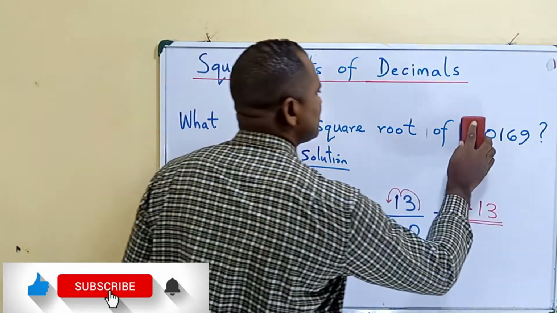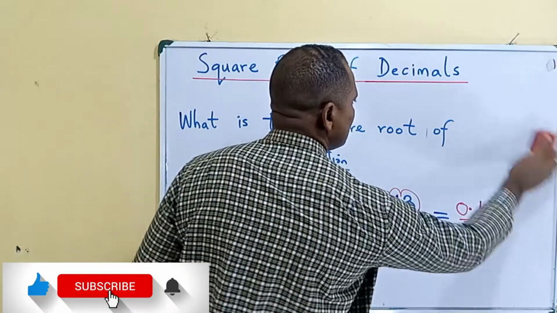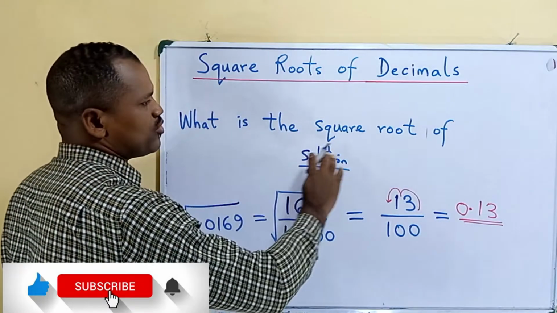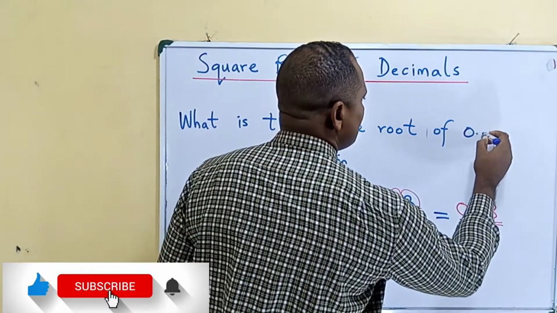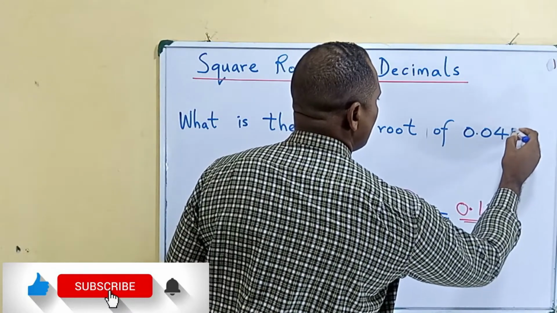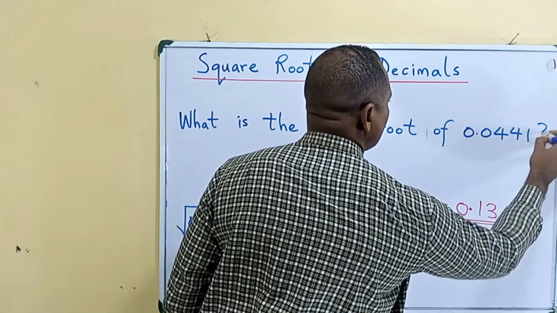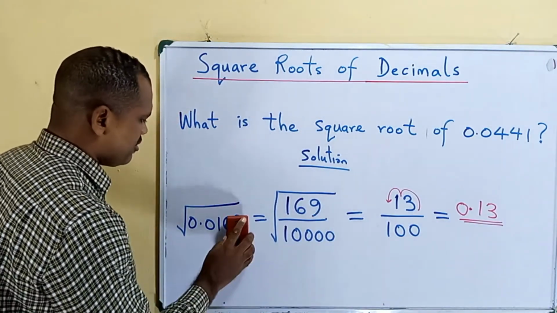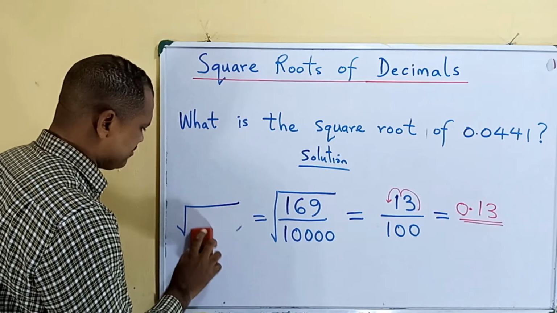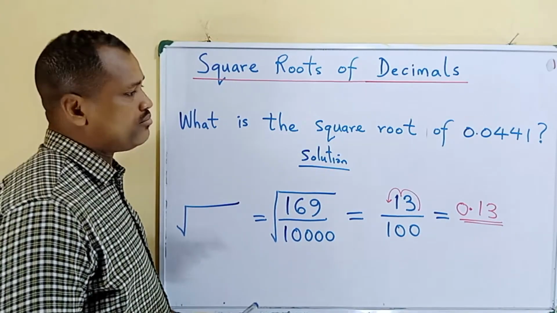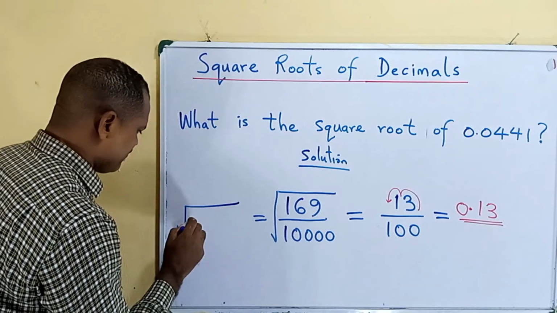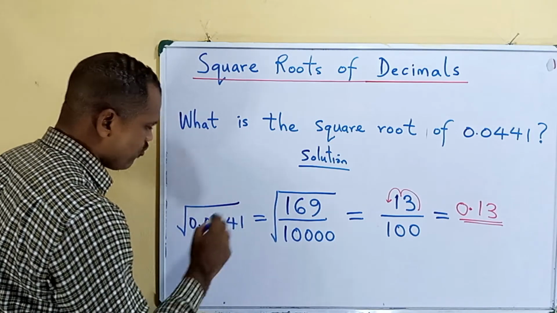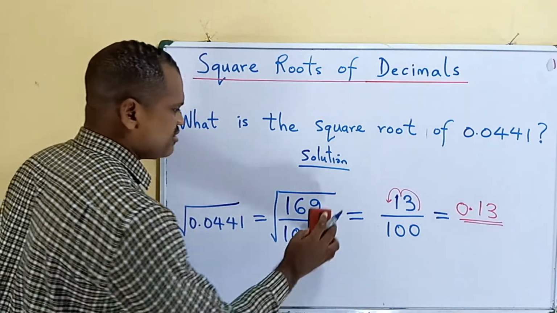So let me clean this. Find the square root of 0.0441. That's the question. So the same thing, you can see that it's very simple. So we have 0.0441.